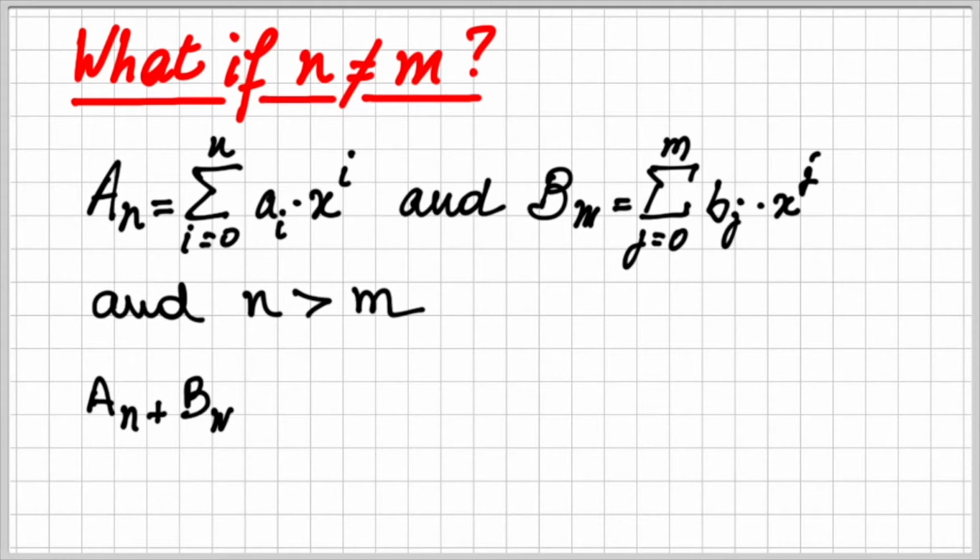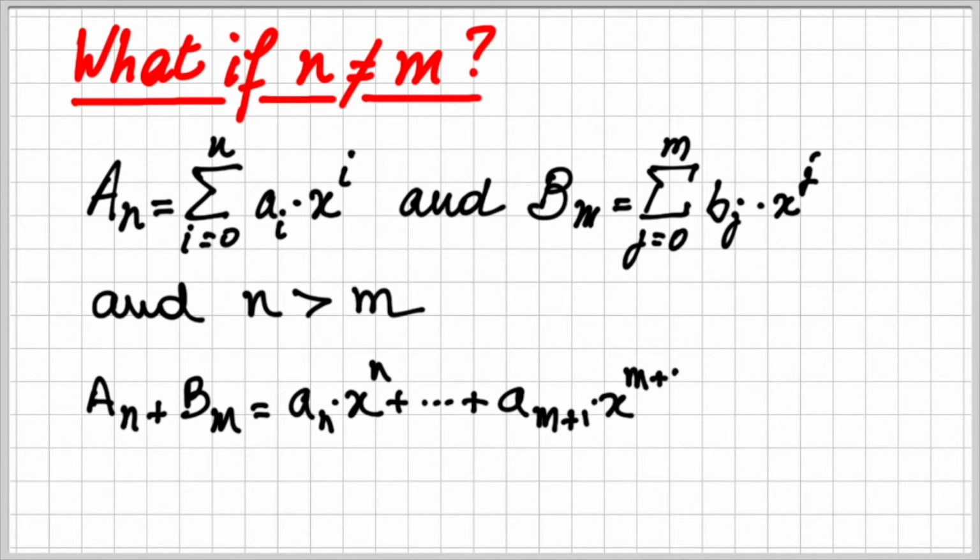We can write the sum of those two polynomials as follows. First we have all the terms an times x to the power n up to a n plus 1 x to the power n plus 1. These are the terms of polynomial a with the power higher than those of polynomial b.